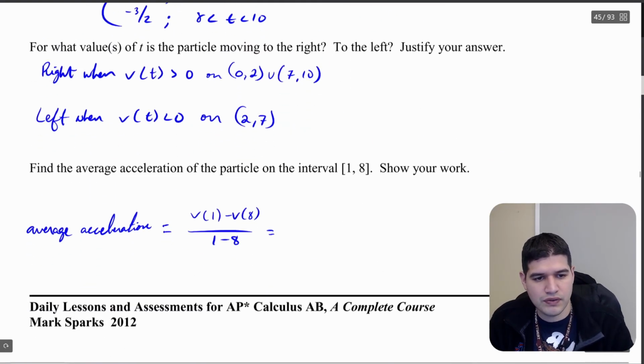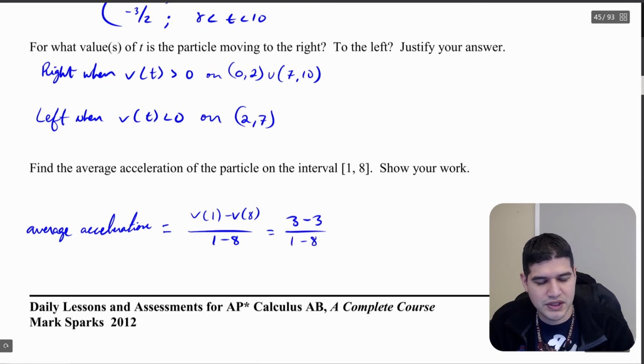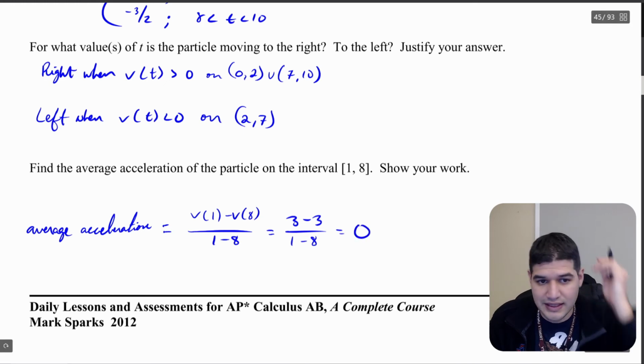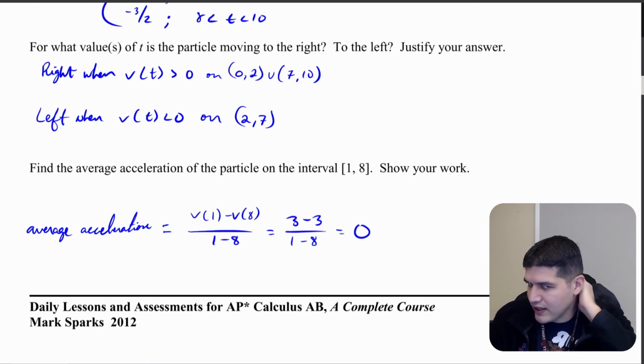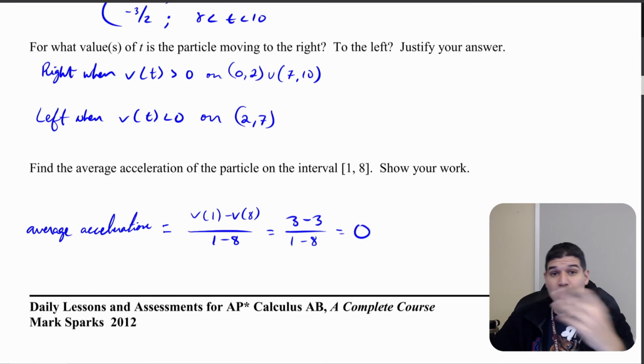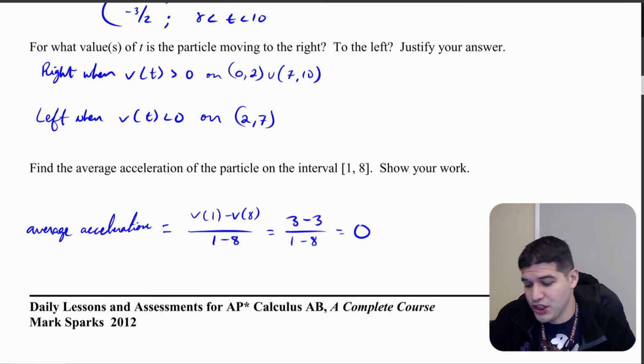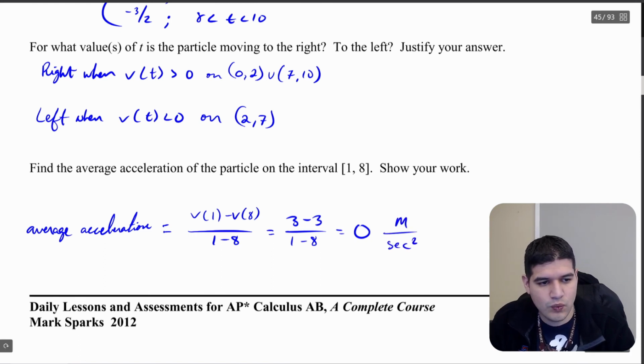So if we're writing this down, I have 3 minus 3 over 1 minus 8, which is negative 7. But 3 minus 3 in my numerator, I'm getting 0, so this comes out to be 0. So we know our average acceleration from 1 to 8 is 0. But let's also write down our units in this case because we are going by meters per second squared.